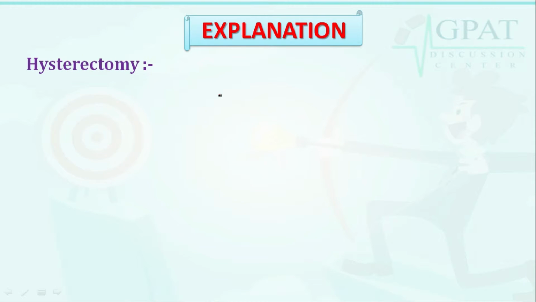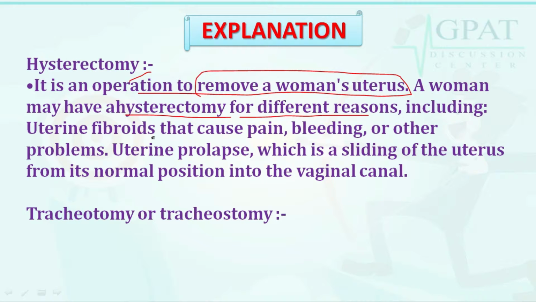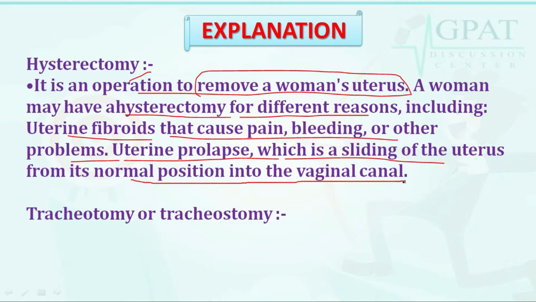Let's discuss with the help of the explanation each term. What is hysterectomy? It is an operation to remove a woman's uterus, and a woman may have a hysterectomy for different reasons, including uterine fibroids that cause pain, bleeding, or other problems, and uterine prolapse, which is a sliding of the uterus from its normal position into the vaginal canal.